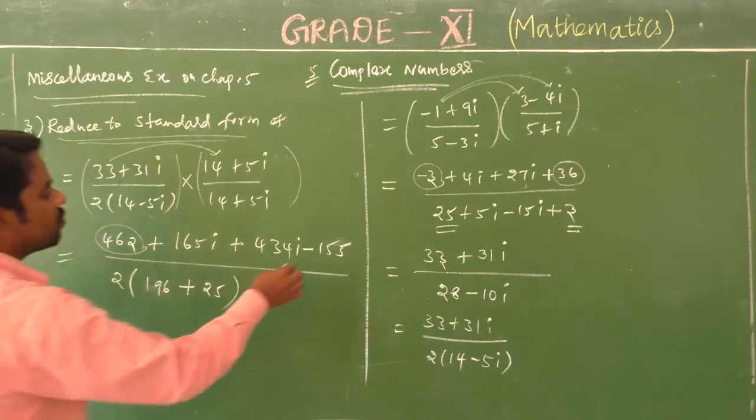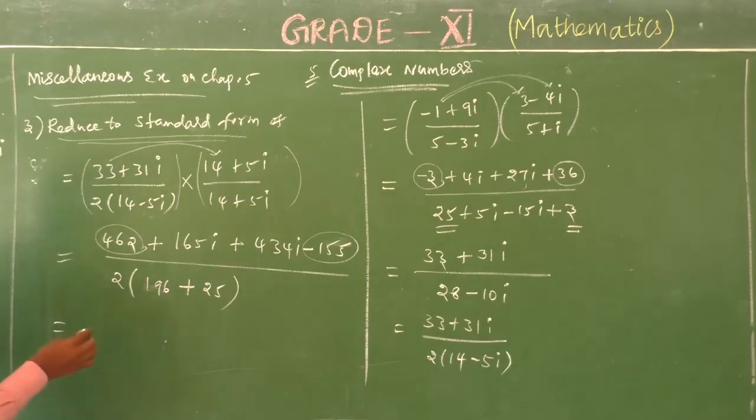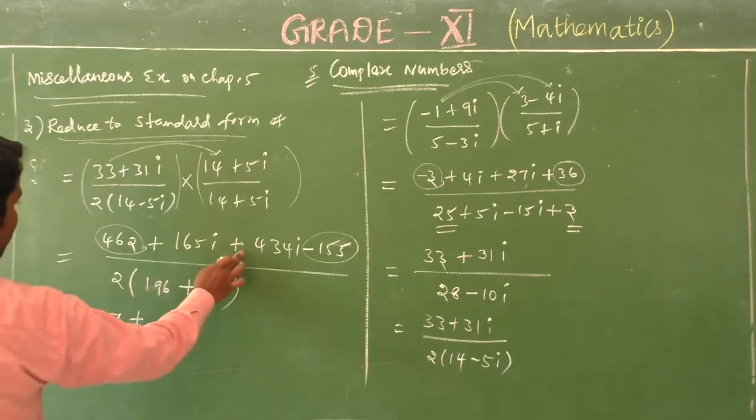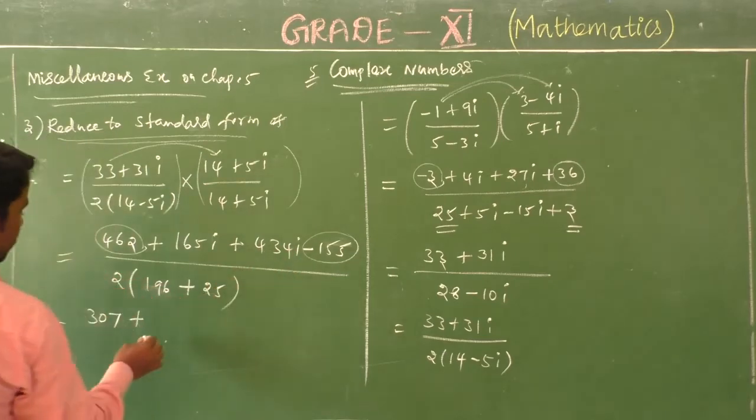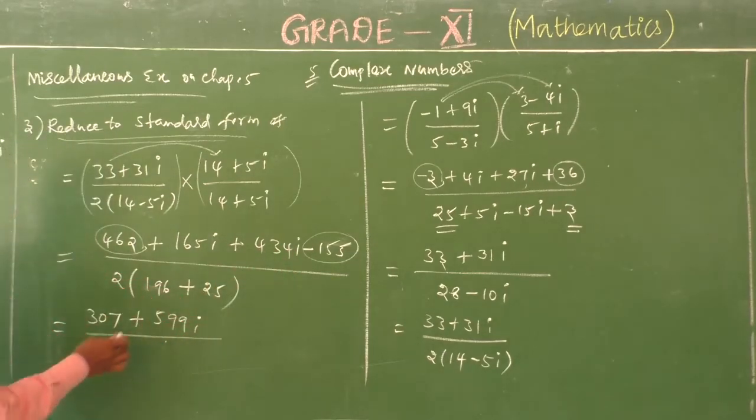462 minus 155 is equal to 307, plus 165i plus 434i is 599i, divided by 196 plus 25, which is 221. 221 into 2 is 442.